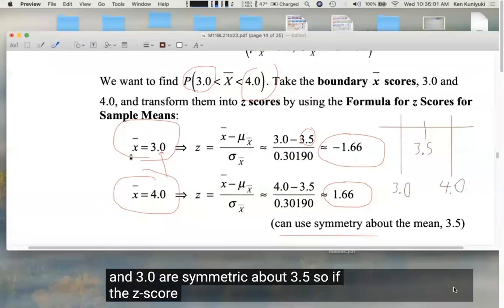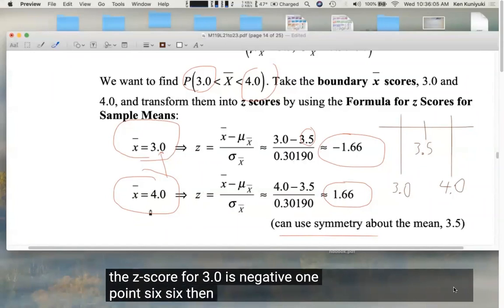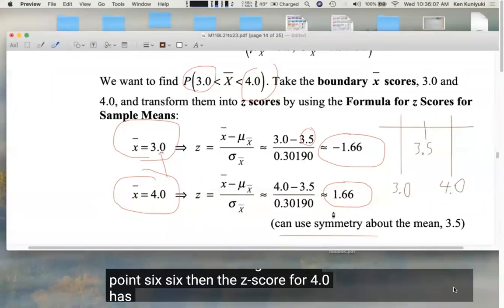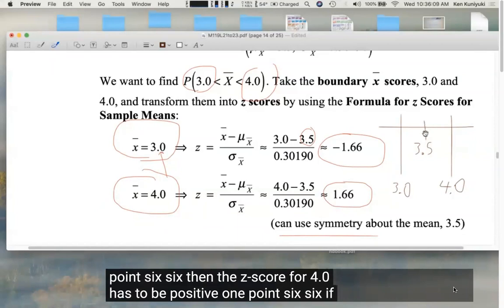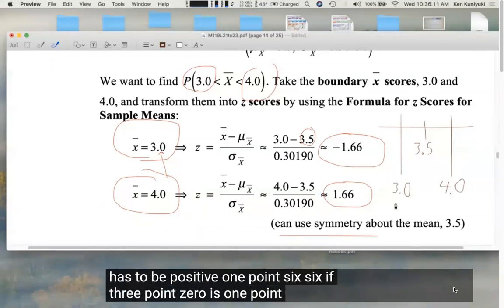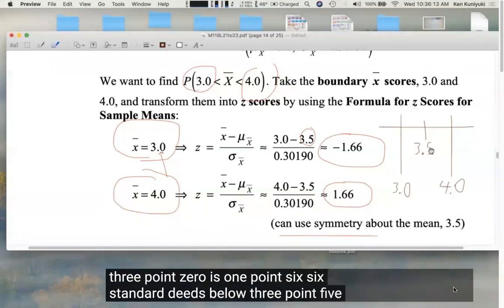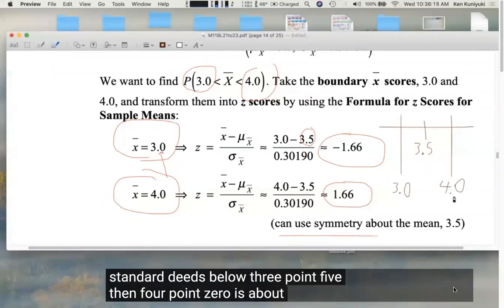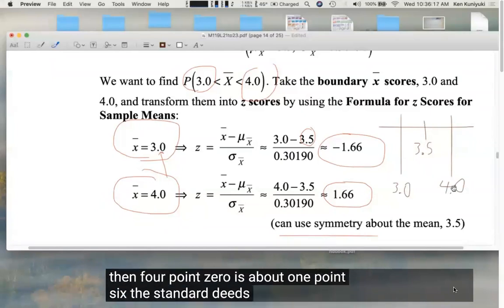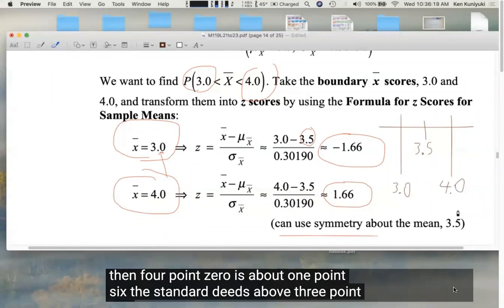So if the Z-score for 3.0 is negative 1.66, then the Z-score for 4.0 has to be positive 1.66. If 3.0 is 1.66 standard deviations below 3.5, then 4.0 is about 1.66 standard deviations above 3.5.